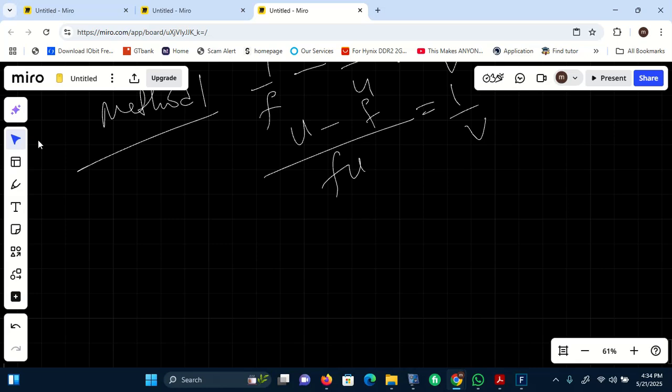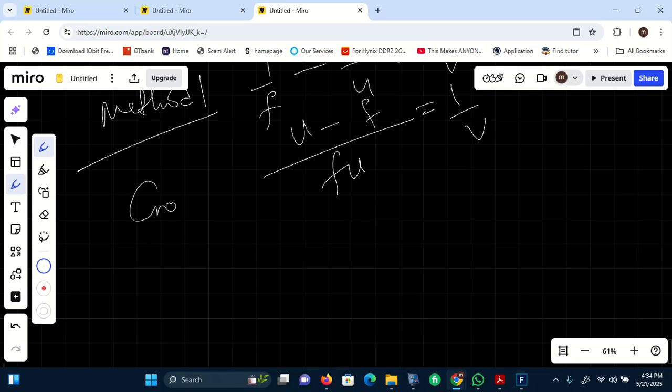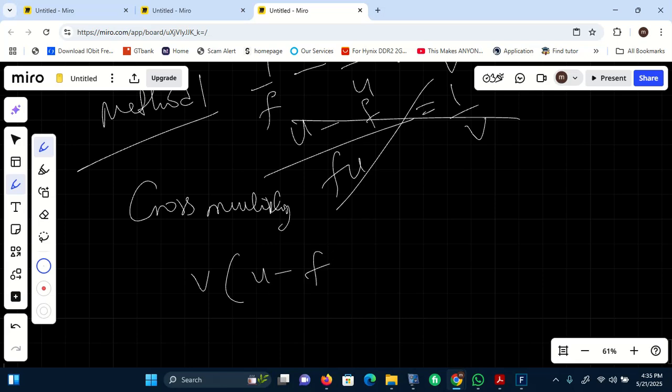So what is V? We can do this quickly. We can cross multiply. We have V into U minus F is equal to FU times 1. Multiply this by this and this by this, right?